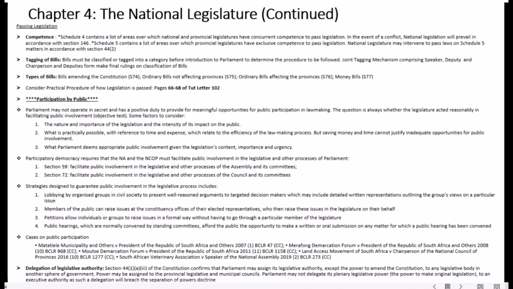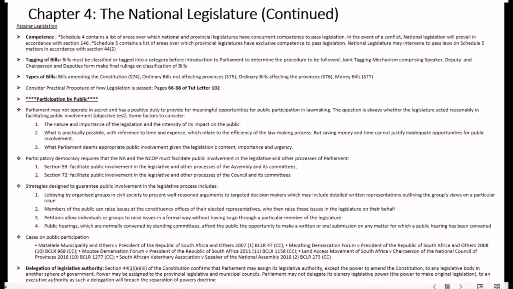Petitions also allow individuals or groups to raise issues in a formal way without having to go to a particular member of the legislature. And the legislature does take note of these at times. It doesn't always sway them, but they do note petitions that have been raised on a specific matter. And then there are also public hearings, which are normally convened by standing committees.